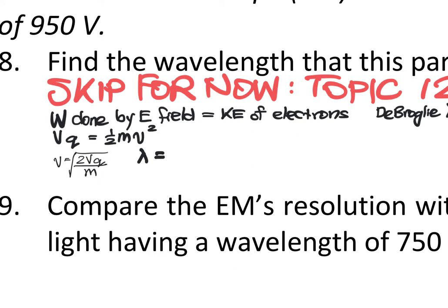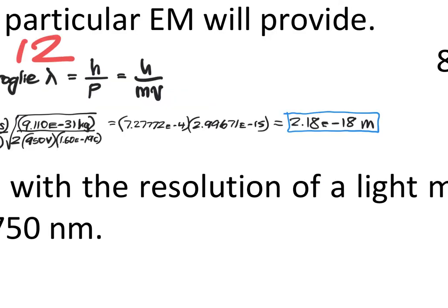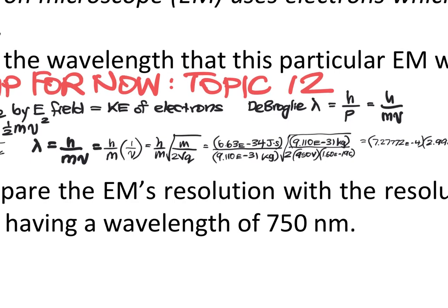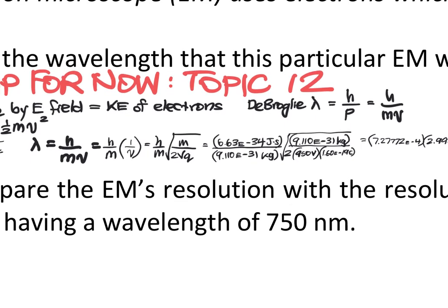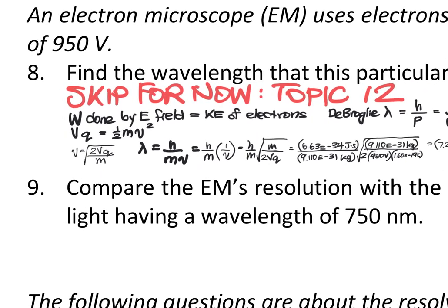So the wavelength is h over mv. If v is radical 2VQ over m, then 1 over v is radical m over 2VQ. So de Broglie wavelength is h over mv for the electron, and we got the speed as radical 2VQ, 2 times voltage times charge over mass.